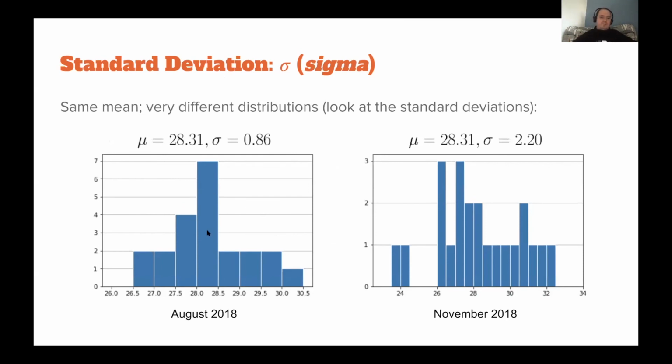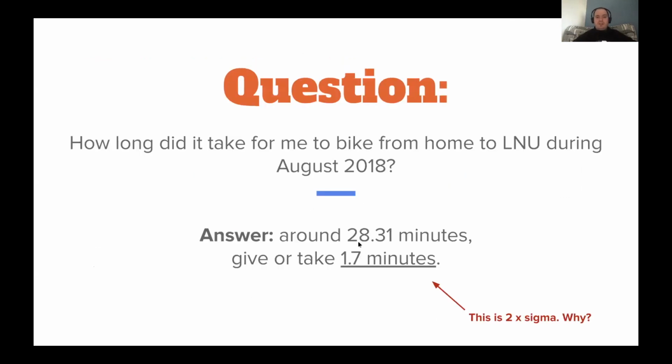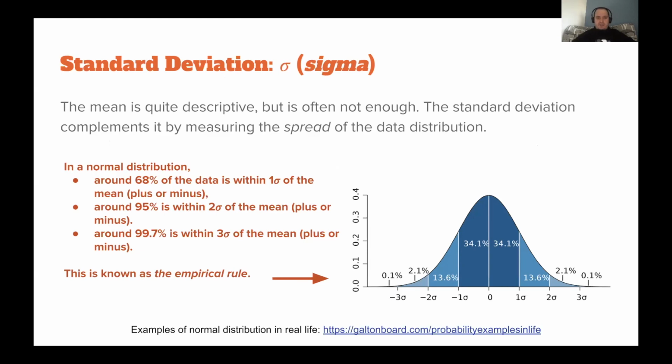Then I'm confident in saying, well, 95% of my data points are within -2 or +2 sigma from the mean. And -2 and +2 is basically -1.7 or +1.7. So I could say that somewhere around 26.5 to 29 or 30 minutes, or something around 30 minutes, right? And that's why I decided to reply like this.